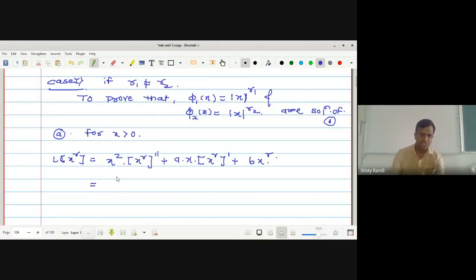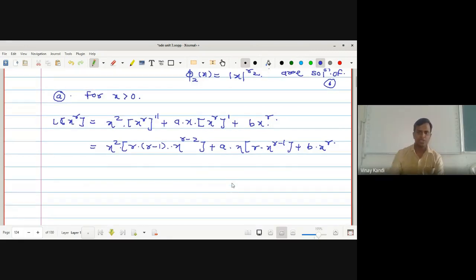Okay, after differentiating this, what will we get? Differentiating two times with respect to x, here x square into bracket r into r minus 1 into x raised to r minus 2, plus a into x into r into x raised to r minus 1, plus b into x raised to r.